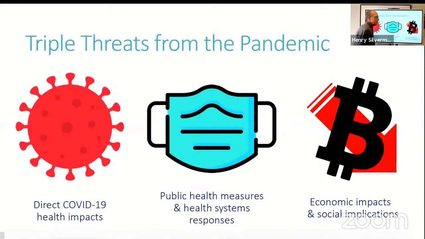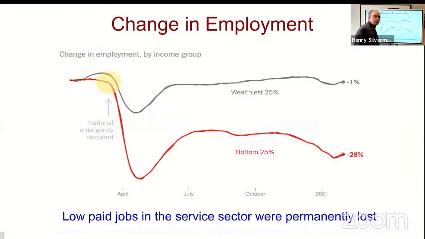What are the threats from the pandemic that cause unequal outcomes? Well, we have the direct health impacts from the virus. We have disproportionate impact from public health measures and the health systems, and we have disproportionate economic impacts as well. This slide shows the change in employment due to the pandemic in this past year.